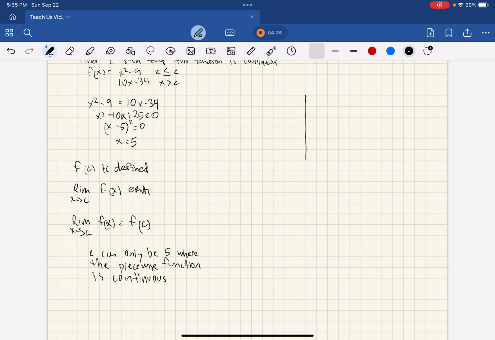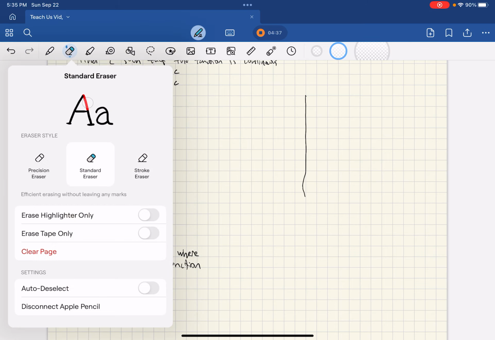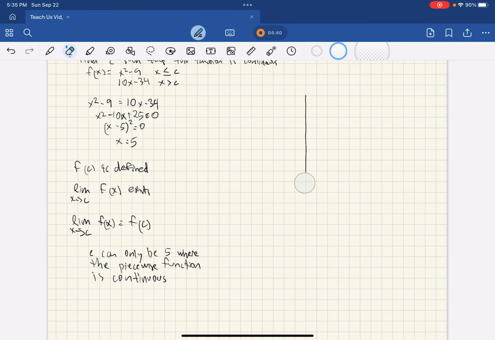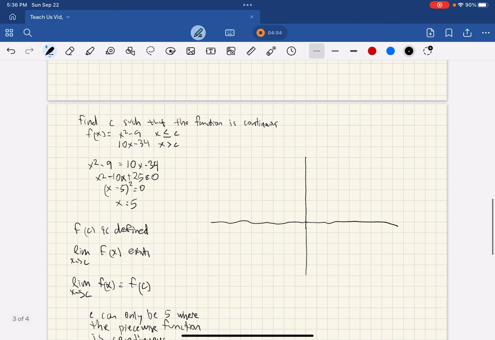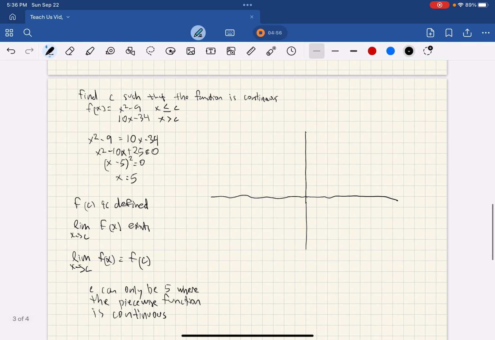Right here. So x squared minus 9 is going to look something like this, and this graph isn't going to be drawn completely to scale.